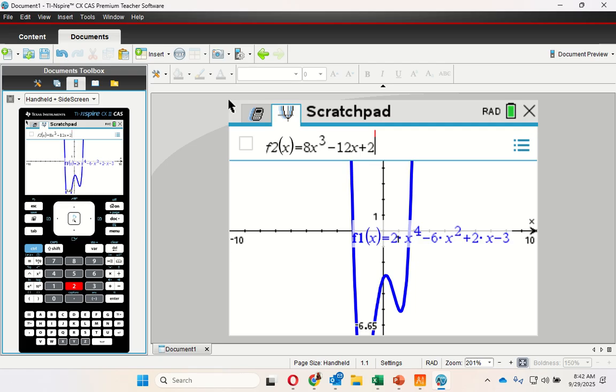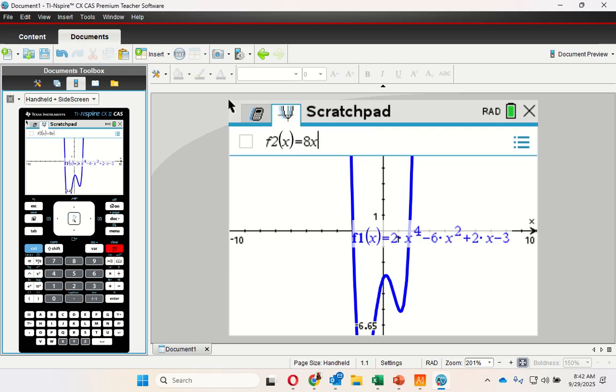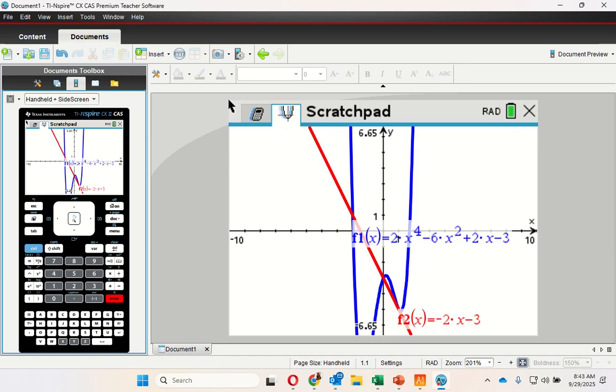Oh wait, I don't want that one. I don't want the derivative. I want the normal, or what was it? y equals negative 2x minus 3. That was the tangent, right?